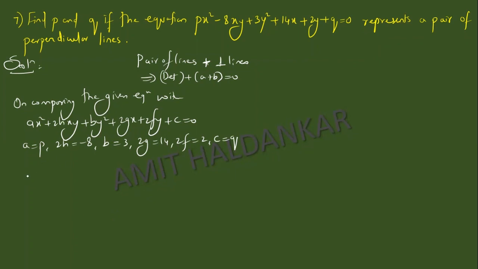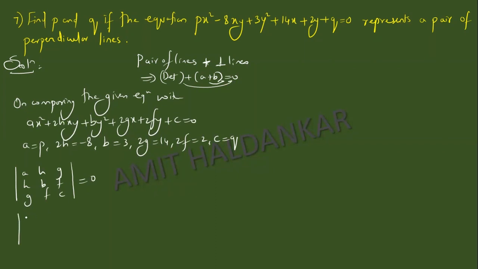So I'll use both the conditions. The first condition states the determinant should be 0, and also a plus b should be 0. So the determinant a, h, g, h, b, f, g, f, c should be 0.